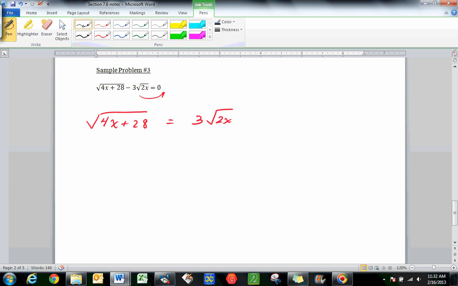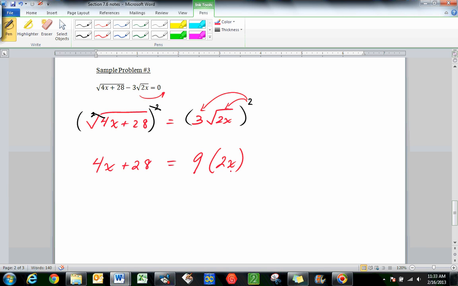Now I have a radical on both sides, a square root, so I can square everything on both sides, and of course that's an understood 2, so the root and the power cancel each other out, leaving me 4x plus 28. And again, in this particular case, the radical goes to both parts, so 3 squared is 9, and then of course the radical and the power eliminate each other, just simply leaving 2x.